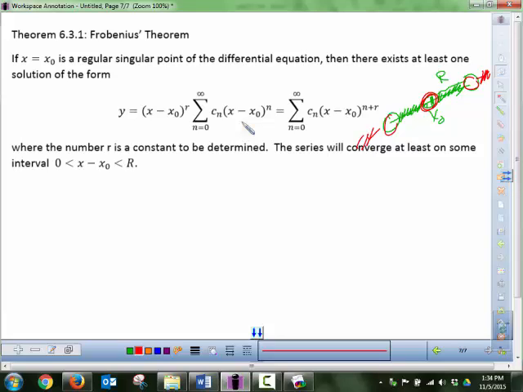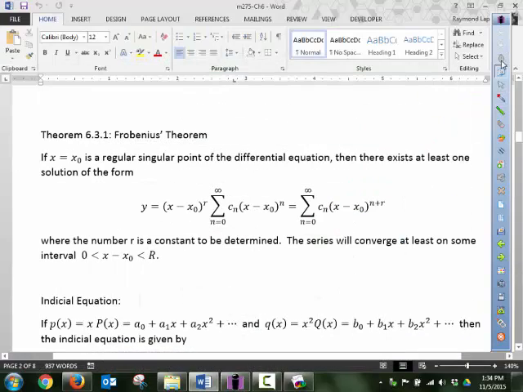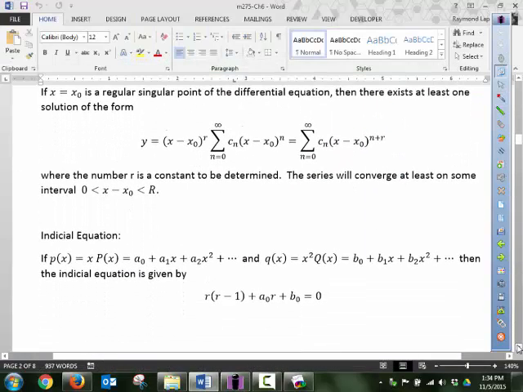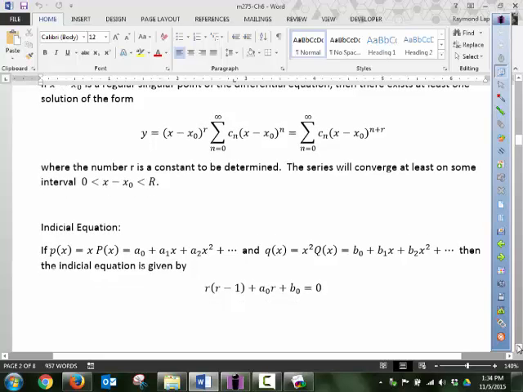So that part's not that big of a deal. What is a big deal is to figure out how to do this, or what is r? So r turns out to be a number that you're going to try to solve for. And the way you're going to solve for r is with an equation called an indicial equation.